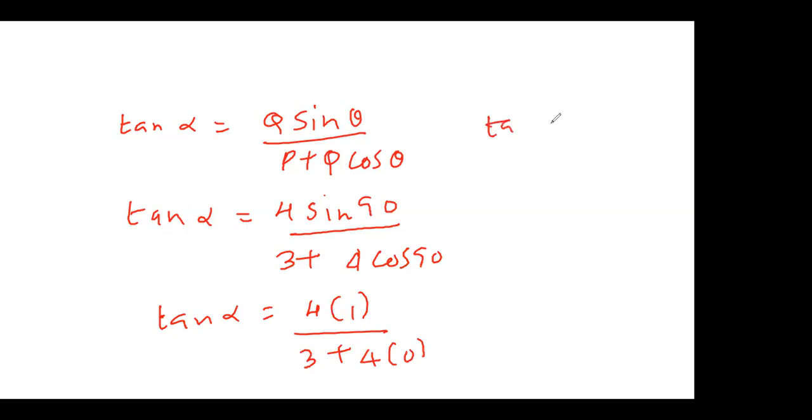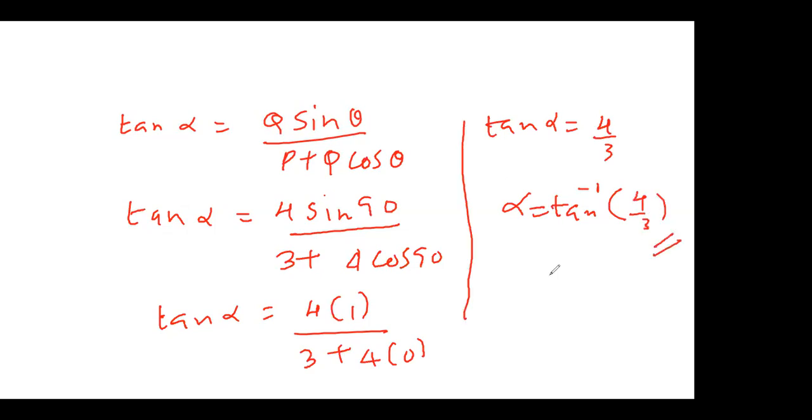So tan alpha equals 4 upon 3. So alpha equals tan inverse 4 by 3. This is our final answer. So we got R as 5 and alpha as tan inverse 4 by 3. Now complete this. This completes our numerical.